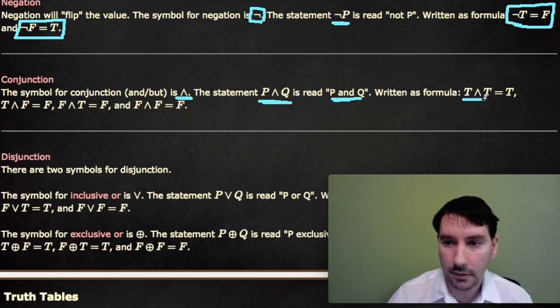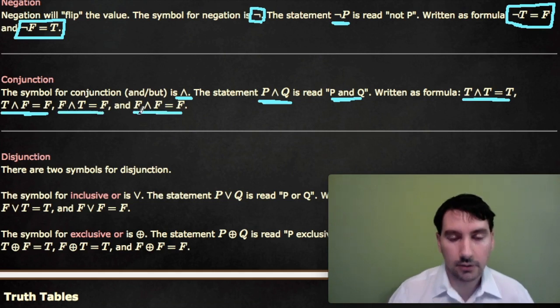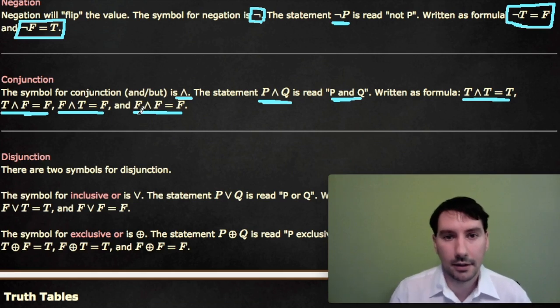So a true statement and a true statement is a true statement. A true statement and a false statement is false. A false and a true is false, and a false and false is false. So if I say P and Q, that can only be true if both statements are true at the same time, right? If one of them is false or both of them are false, then that whole statement P and Q is false.